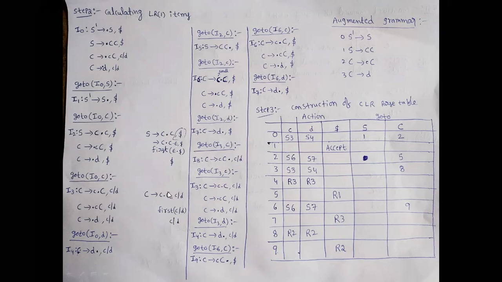After the dot we have a non-terminal capital C, then add the productions here. After this capital C there is no terminal or non-terminal, so we have to find epsilon into c/d. So first of c/d: first of C is c and first of D is small d. So this is the lookahead of these two statements, c/d and c/d. Okay.